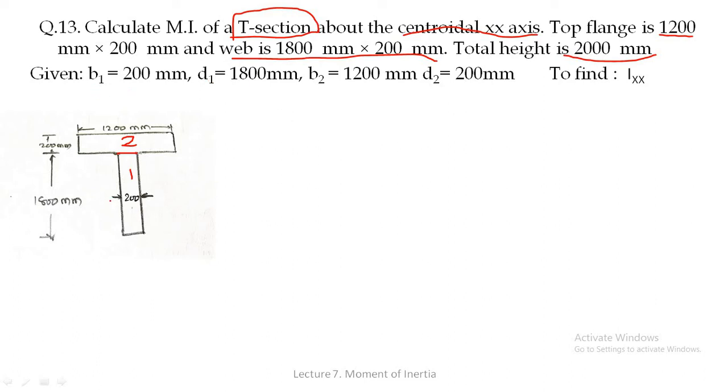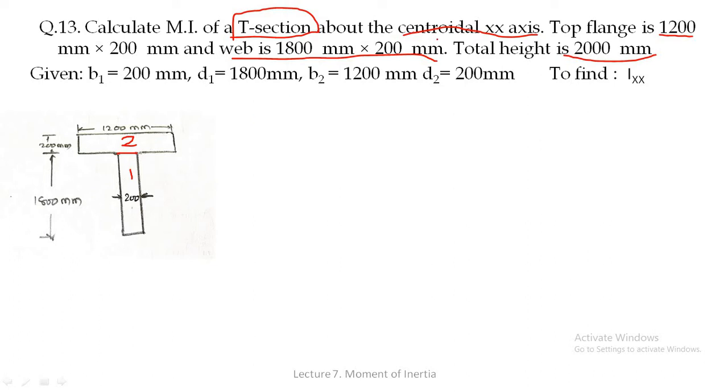So B1 is the breadth of the first rectangle and D1 is the depth of the first rectangle. Similarly, the second rectangle is the flange portion, the topmost rectangle. For that, B2, the breadth of the second rectangle, is 1200 mm and its depth D2 is 200 mm.